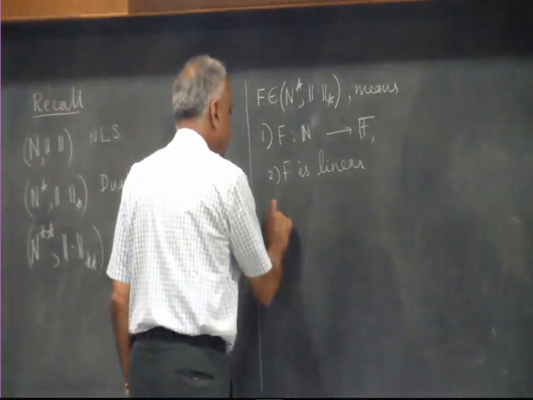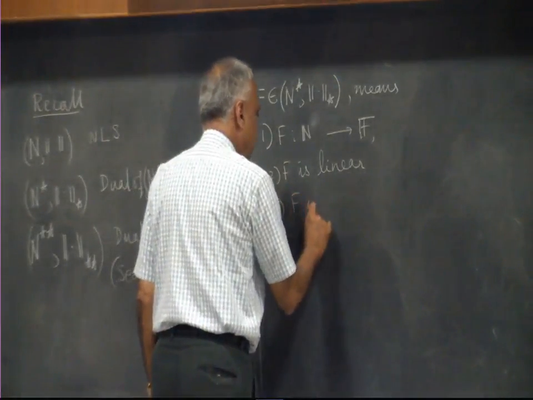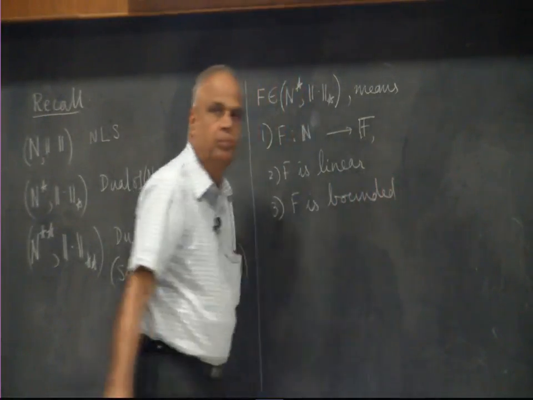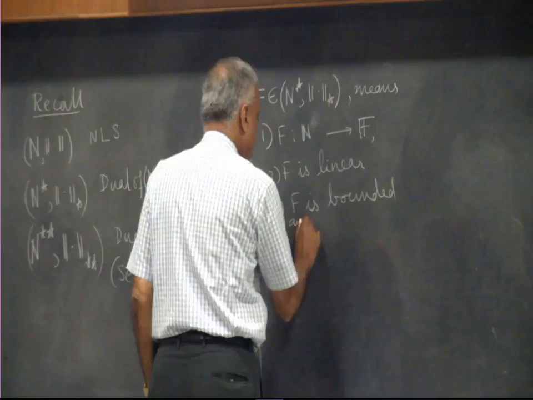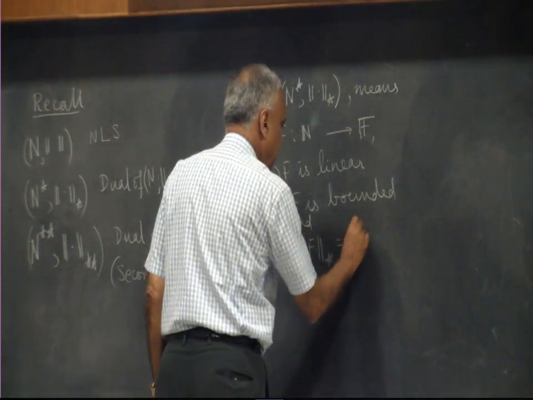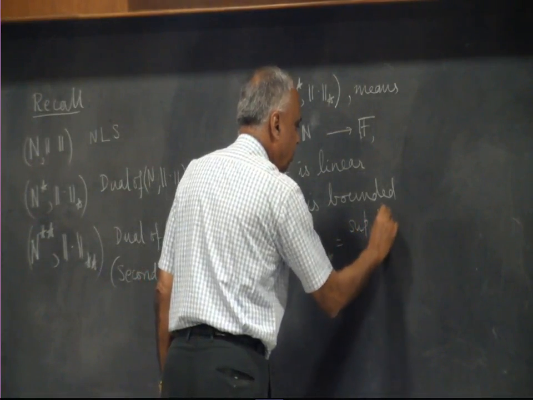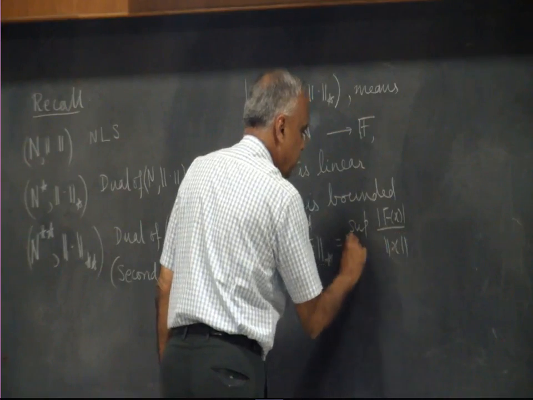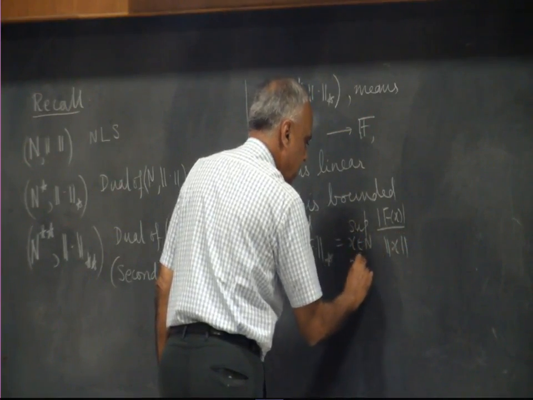3. F is bounded, and the norm of F is defined to be the supremum of mod Fx over norm x, where x belongs to N and x is not theta.